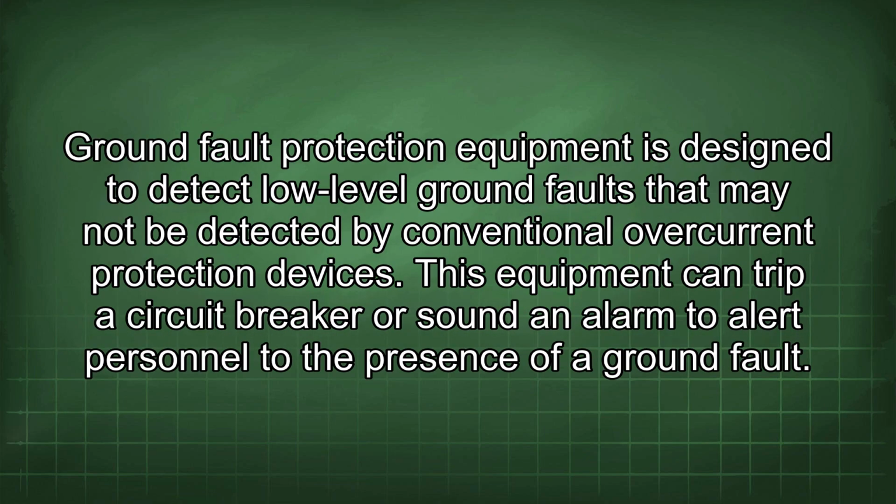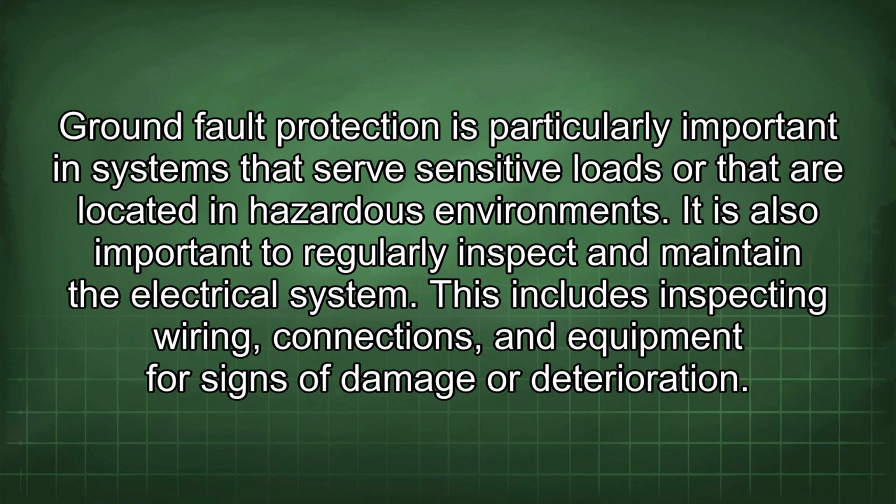Ground fault protection equipment is designed to detect lower-level ground faults that may not be detected by conventional overcurrent protection devices. This equipment can trip a circuit breaker or sound an alarm to alert personnel to the presence of a ground fault. Ground fault protection is particularly important in systems that serve sensitive loads or that are located in hazardous environments.